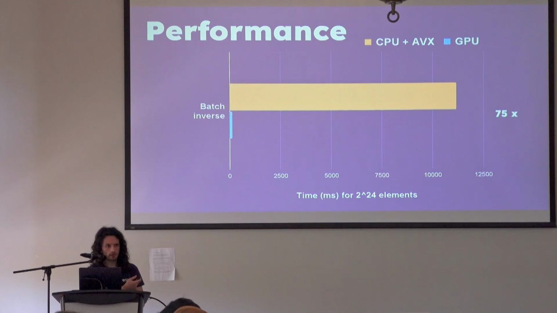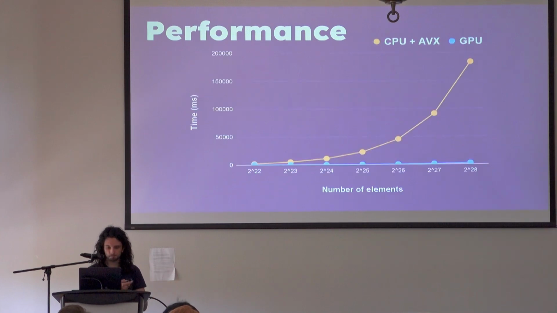But I'll give you a slightly different example, which does not have any math mumbo jumbo or any complicated tricks like Montgomery's. In any case, it's a 75 times improvement for a list of 2 to the power of 24 elements. Now this is how it scales. So the difference I showed you in the previous slide is this point.